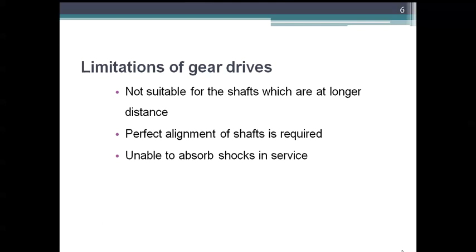And one more thing is the manufacture of gears requires special tools and equipment, because precise teeth have to be made. And the cost of the gear drives is also more.